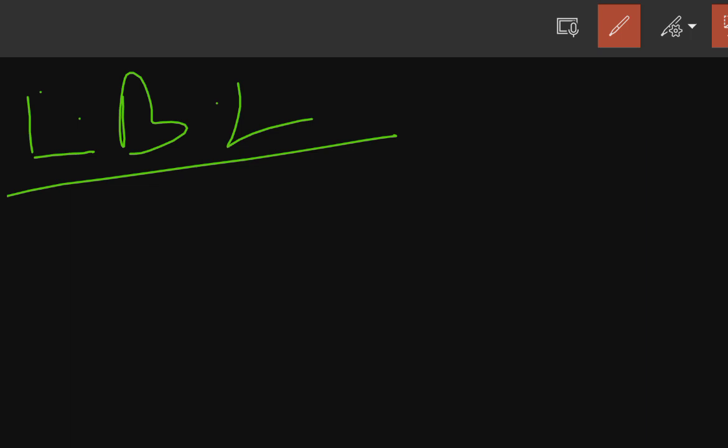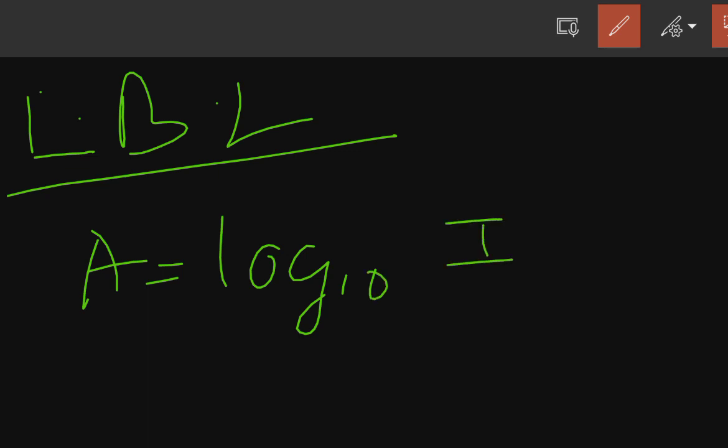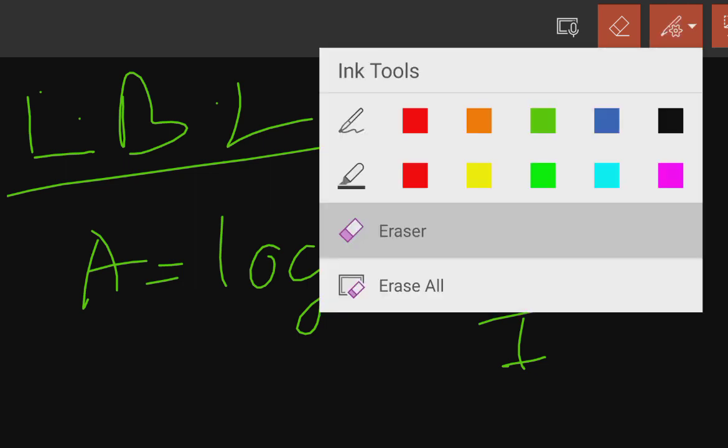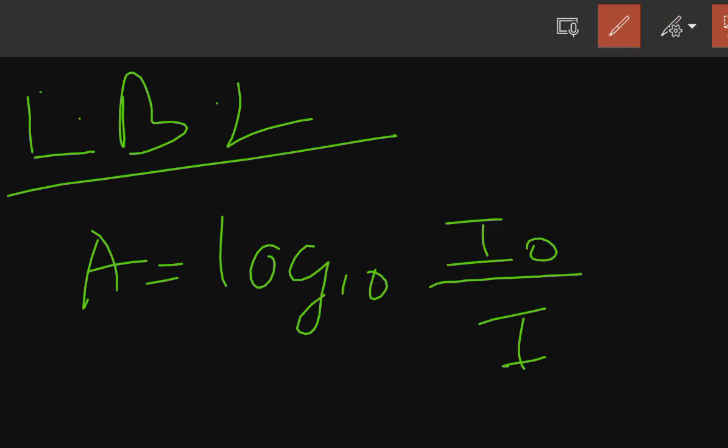So what does this law state? A is equal to log10 I0 upon I, is equal to ECl.